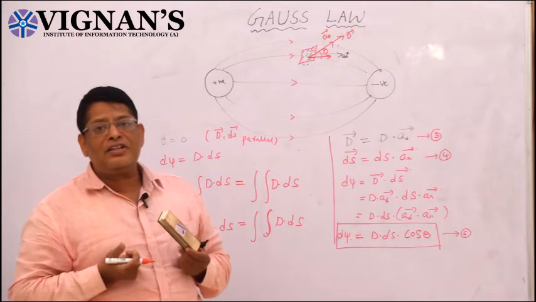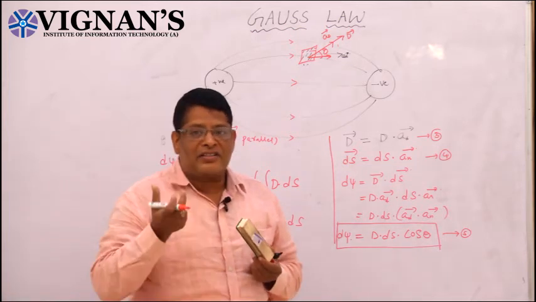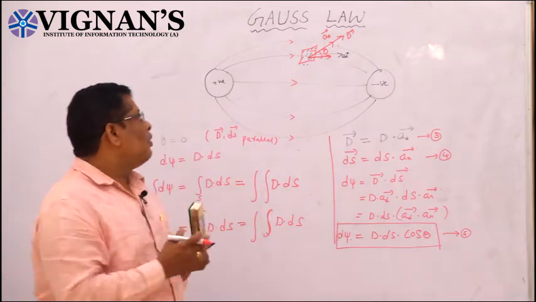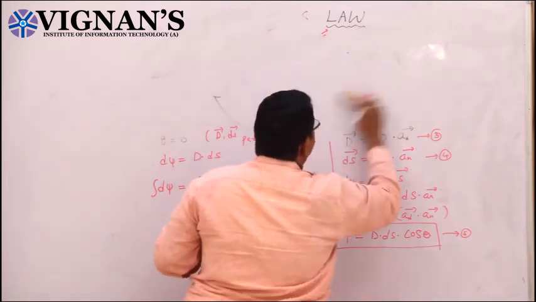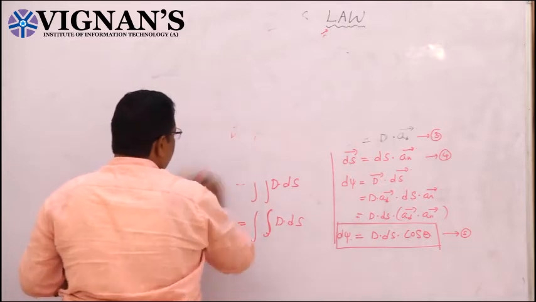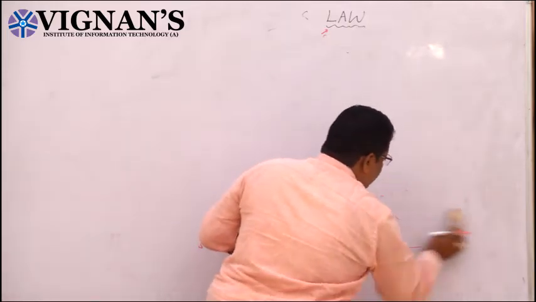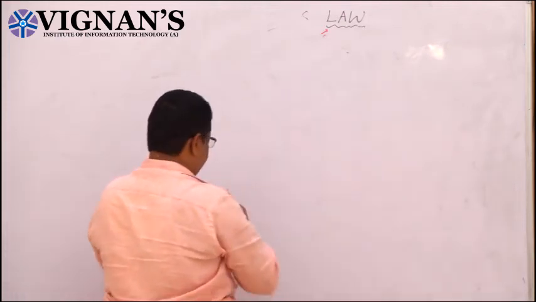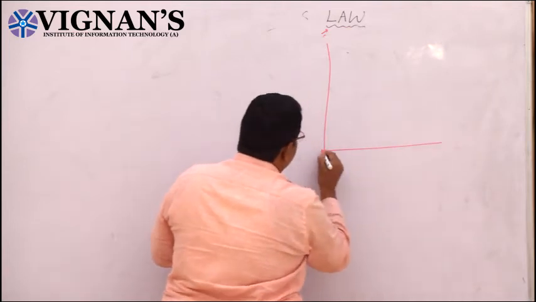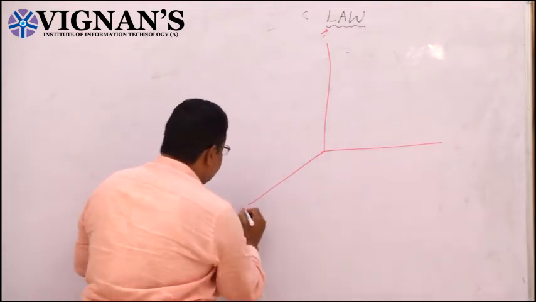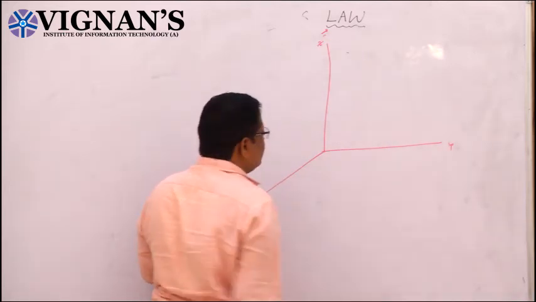To find the relation between the electric field intensity and flux density, see here, we consider one point charge which is placed at the origin. This is the x-axis, this is the y-axis, this is the z-axis.